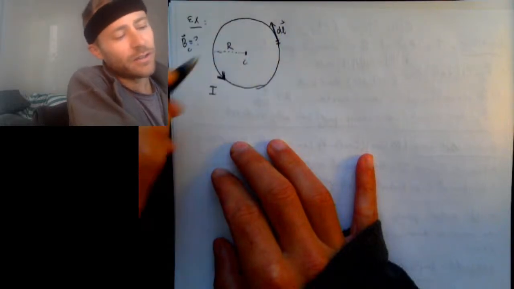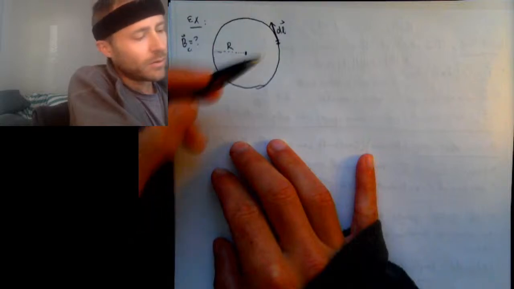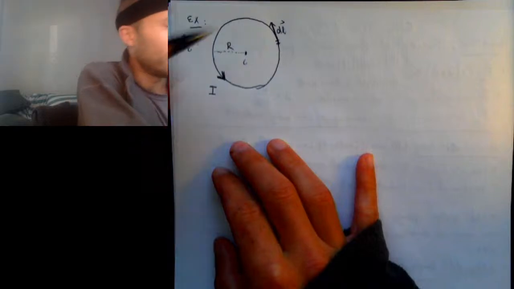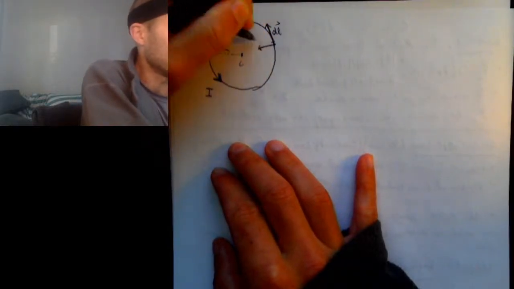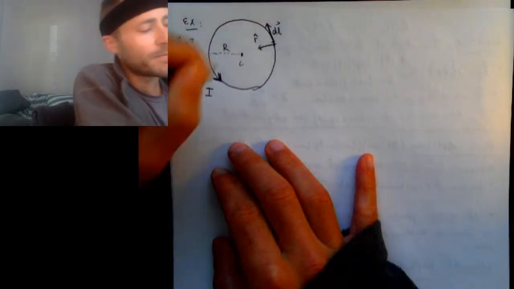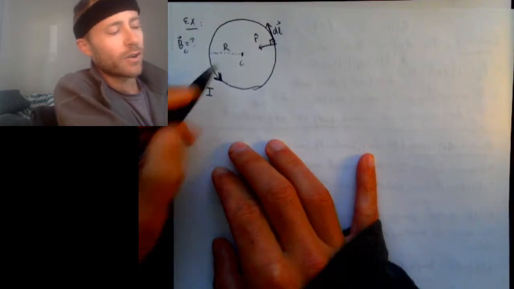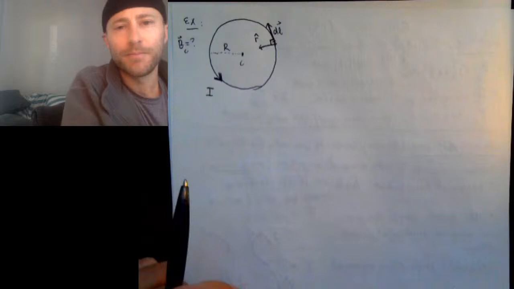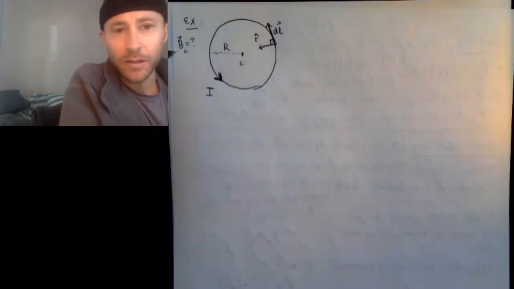As I said, the current is going around counterclockwise. And then the r hat vector is going to point towards the center of the circle. And these two are making right angles. Why does r hat point towards the center of the circle? It's because that's where we want to calculate the magnetic field.